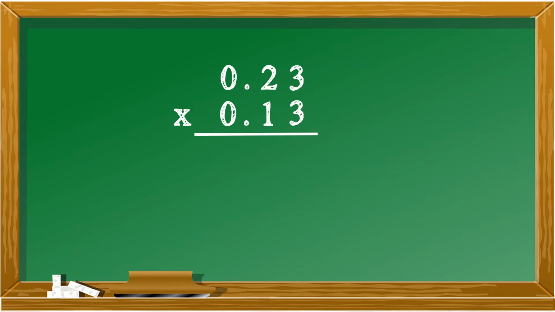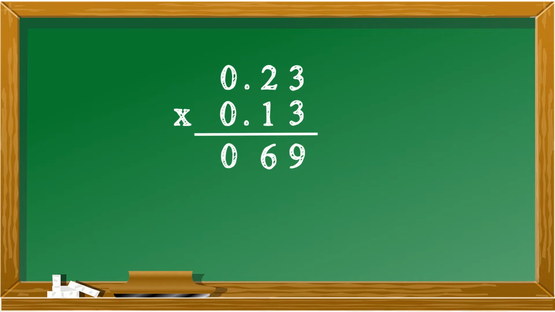So we will start with number 3, the last digit of the multiplier. So 3 times 3 is 9. 3 times 2 is 6. 3 times 0 is 0.